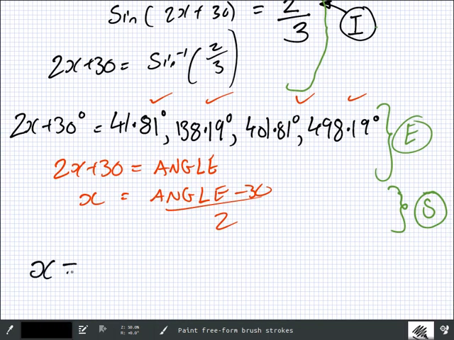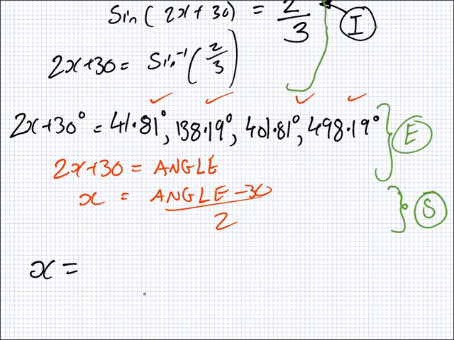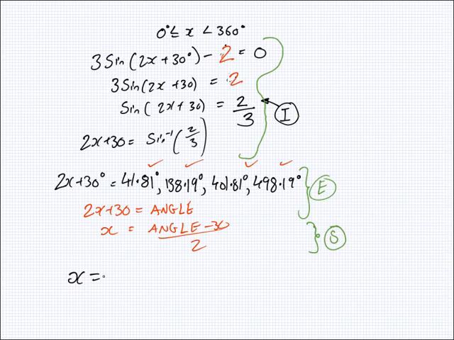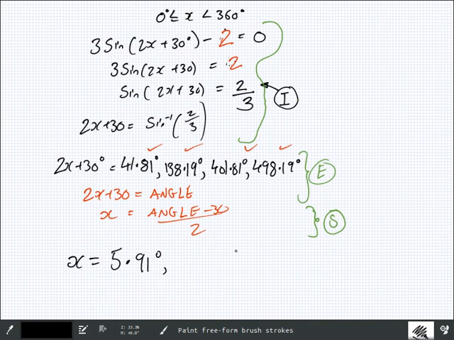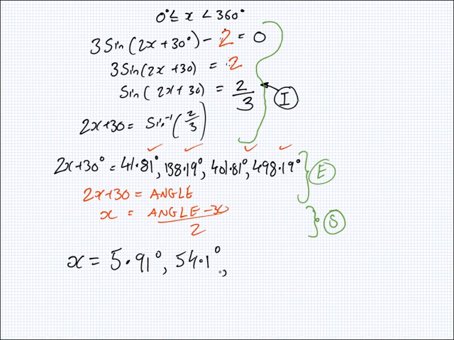So x equals, what's the first one? 5.91, okay. 185.91. 234.1.